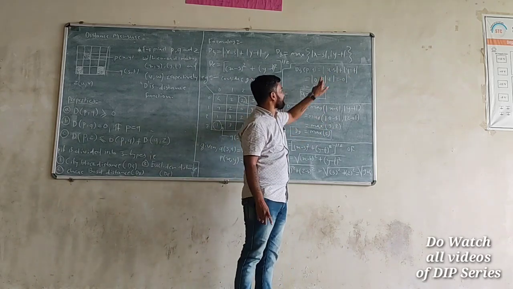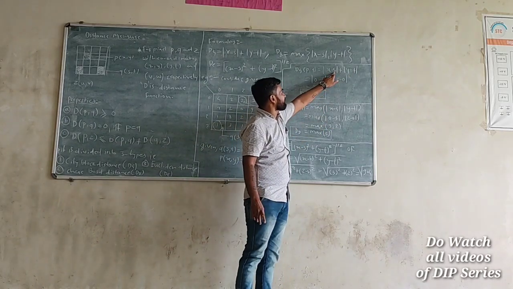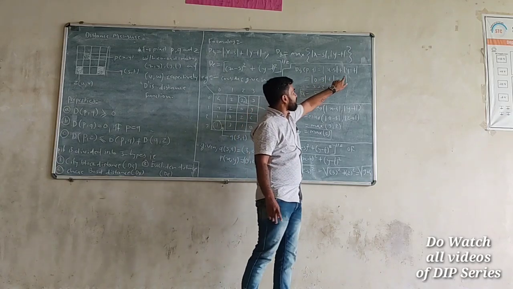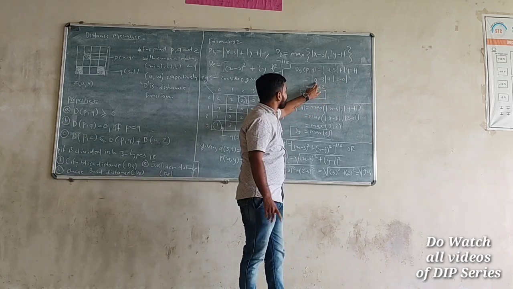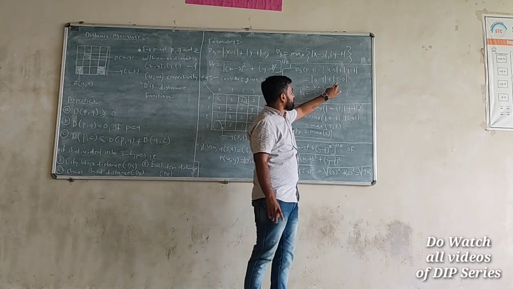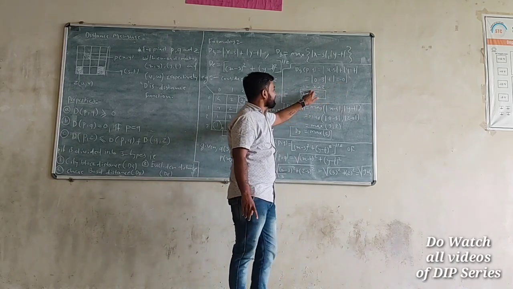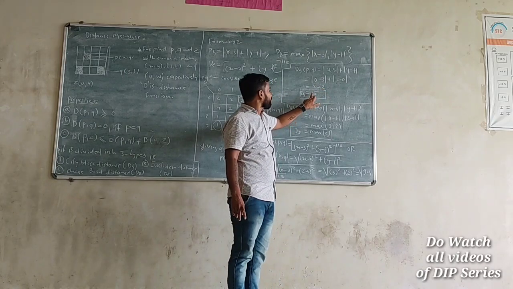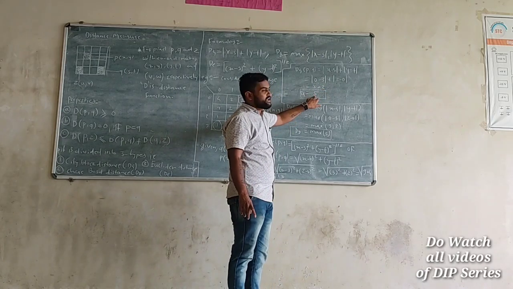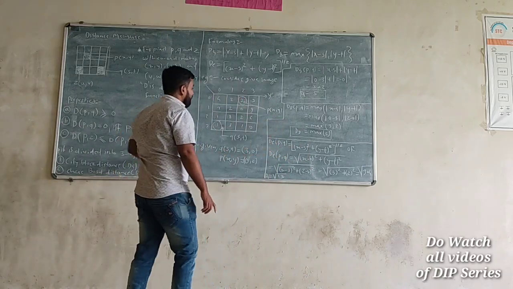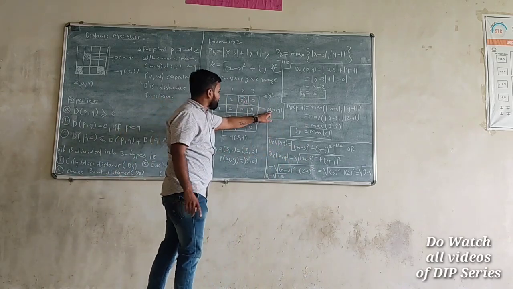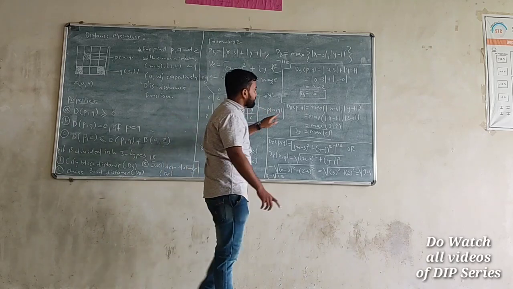So the value of x is 0, minus 3, the s value is 3, plus y minus t, the value of y is 2 and the value of t is 0. So mod of 0 minus 3 is 3 and mod of 2 minus 0 is 2. 3 plus 2 is 5. So D4 is 5. What does it mean? The city block distance between pixels P and Q is 5.